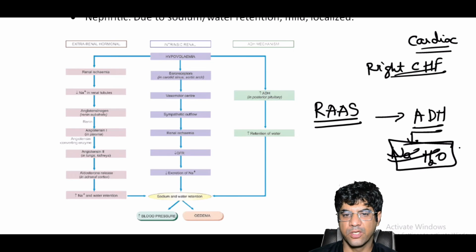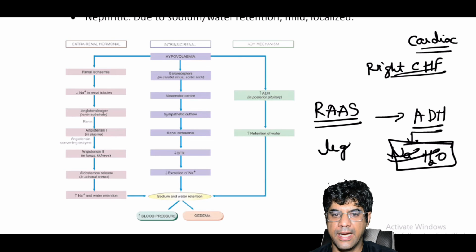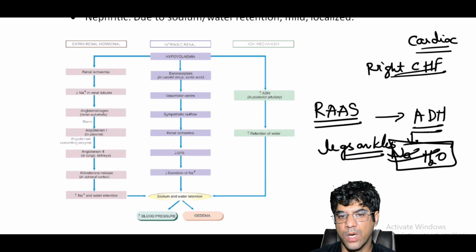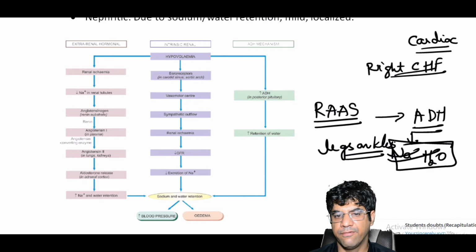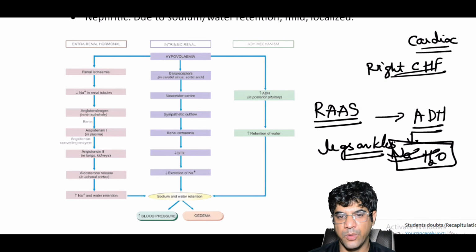The main feature of cardiac edema is that it appears in the lower part of the body, like the legs and ankles. In bedridden patients, the edema can occur in areas like the lower back, buttocks, etc. Fluid can also accumulate in body cavities, like the abdominal cavity, that is ascites, and the pleural cavity, where there could be pleural effusion.